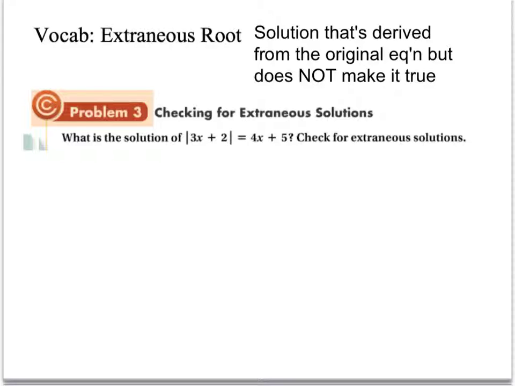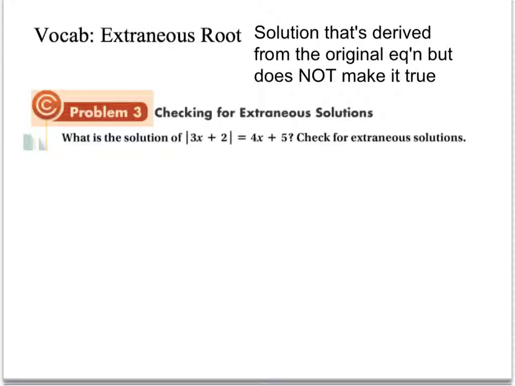So you get it from the original, but then when you plug it back into the original, it doesn't make it true. In your homework, whenever it wants you to go back in and check for these, it will say, check for extraneous solutions.